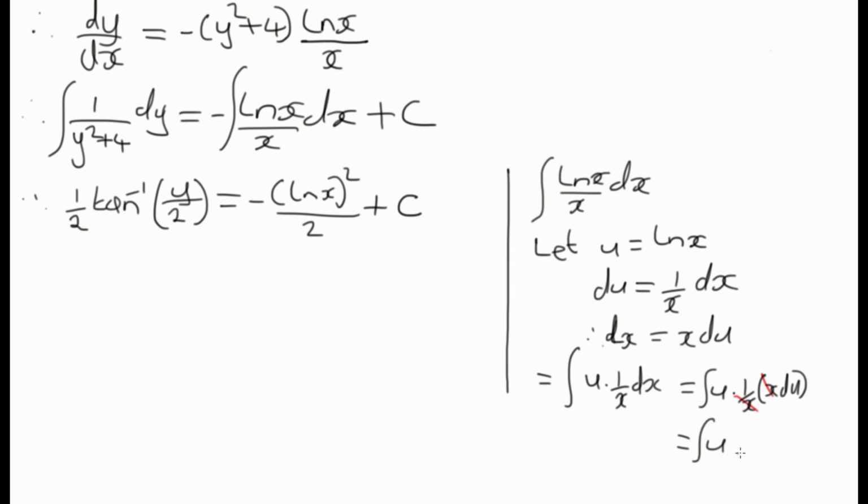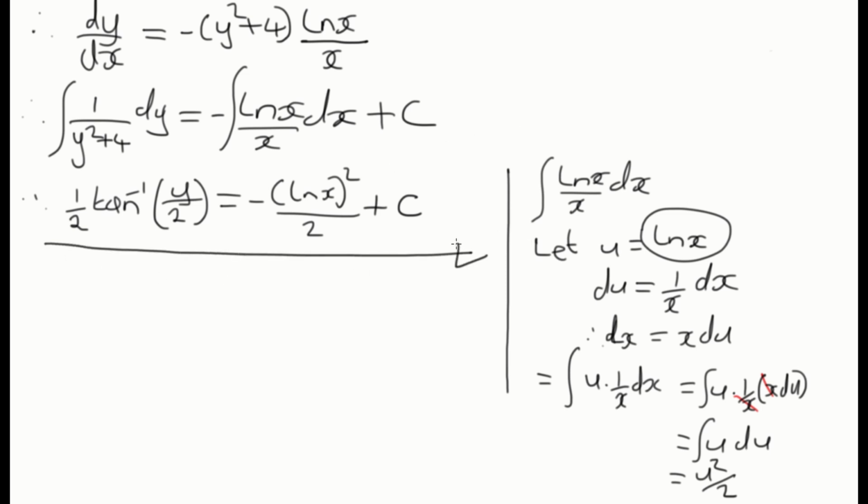Then that will leave us with one variable, which is u, and also du, which we can actually conclude that the answer is u squared over 2. Right? Okay, so therefore I can say u is equal to ln x, right? So this is why we have ln x squared over 2 there. Okay, perfect.